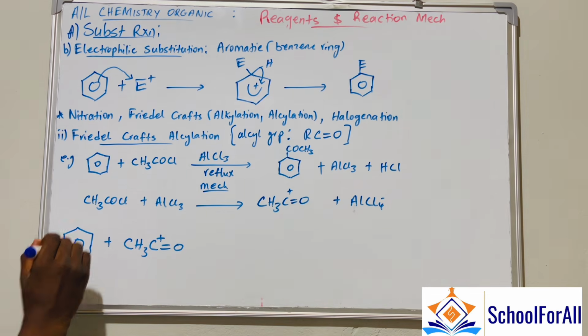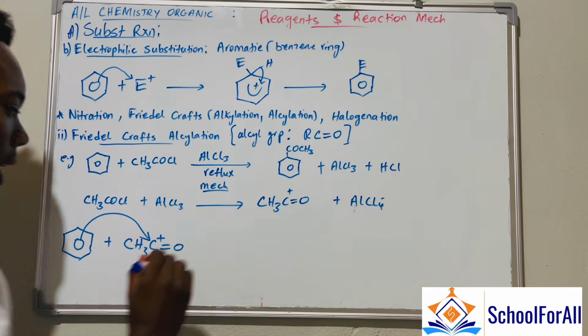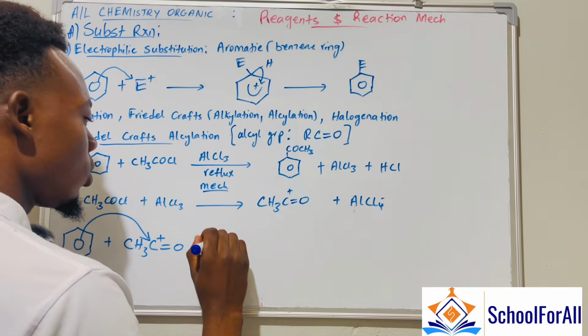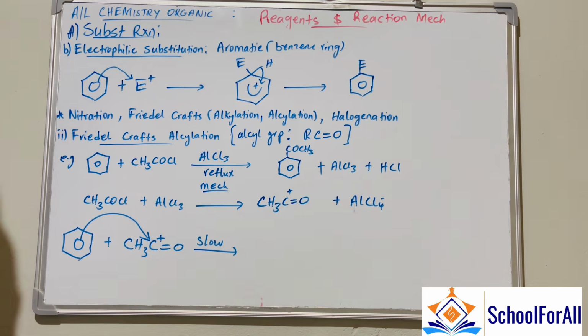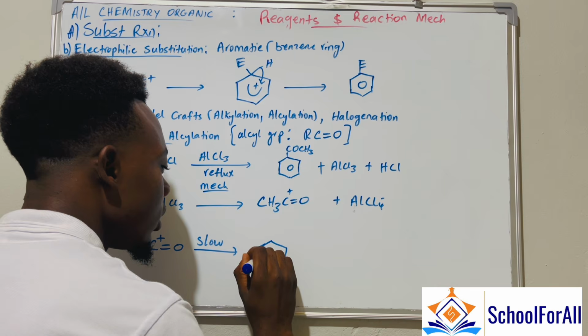The attack goes as usual, so my arrow goes like this, and this is the slow step of my reaction. So what happens now? I get my intermediate species.